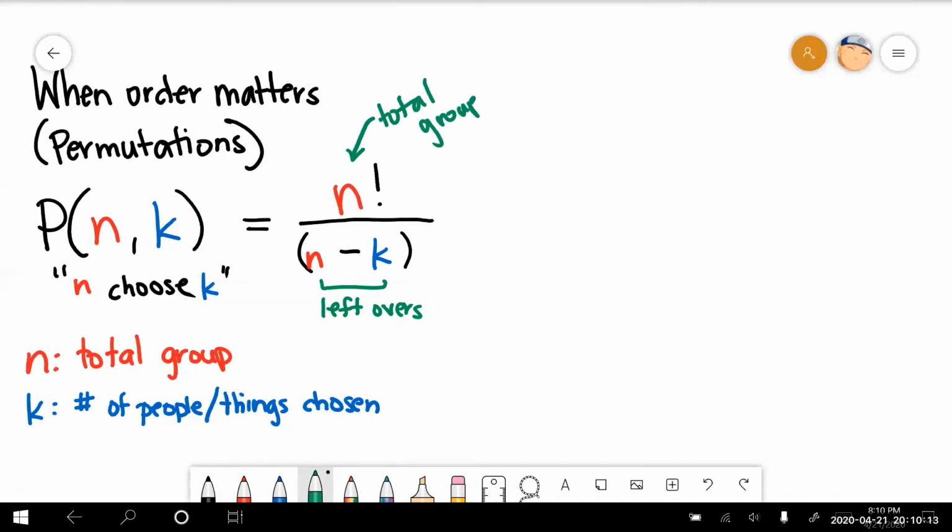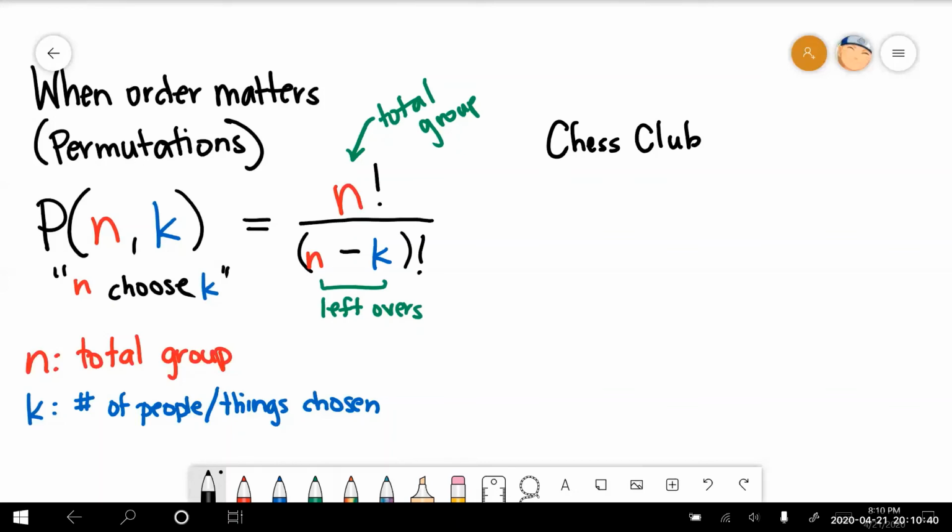We've got the leftovers, and we've got the factorials happening to take care of those. All right, so thinking back to the chess club example, which we wrote out a minute ago, we wrote out all the work, trying to think critically about how those things are happening, where those numbers are coming from, not just blindly memorizing equations.